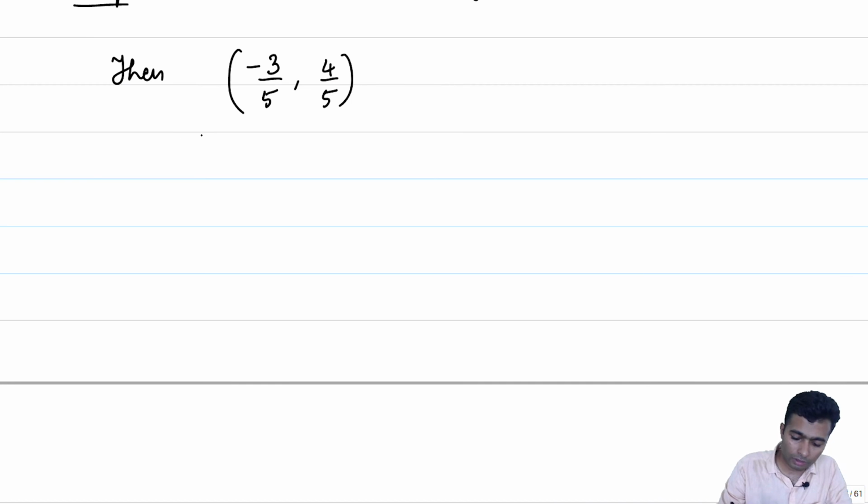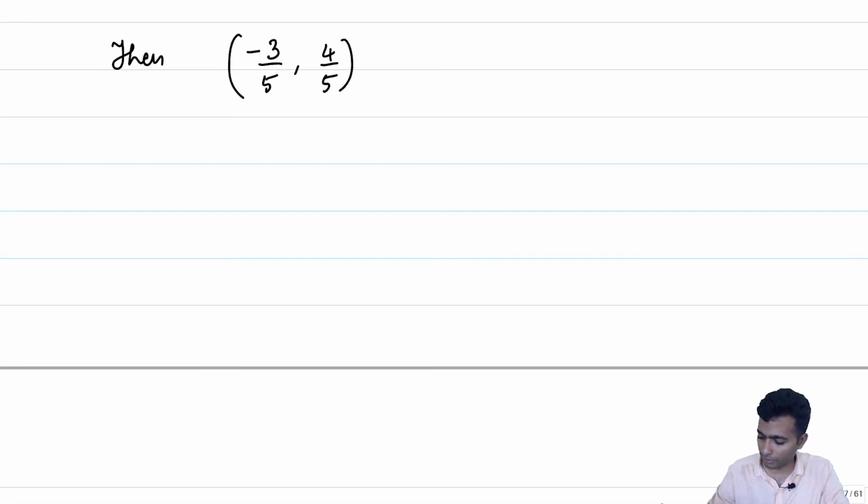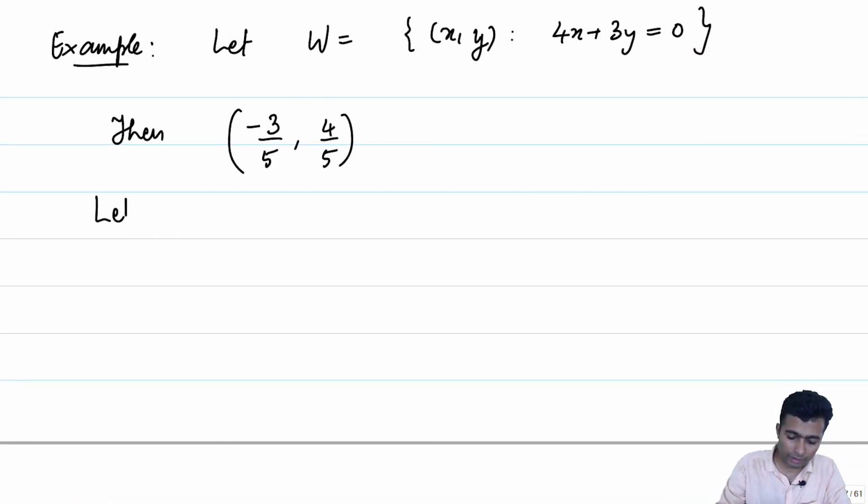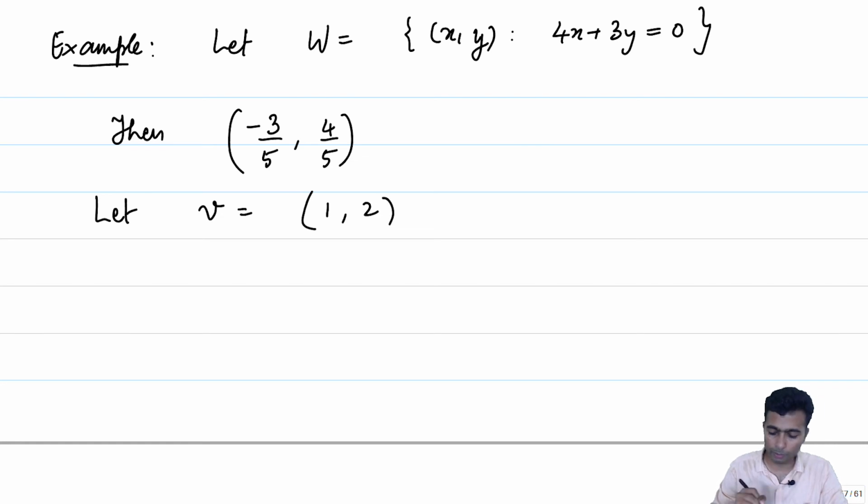And therefore, let V be some vector. Let us pick some arbitrary vector, say 5 comma 6. Let us take a small number, calculation will become difficult otherwise. Let us take it to be 1 comma 2.